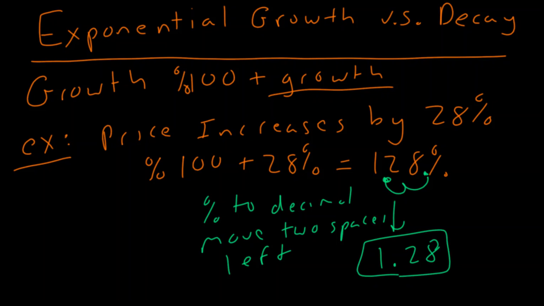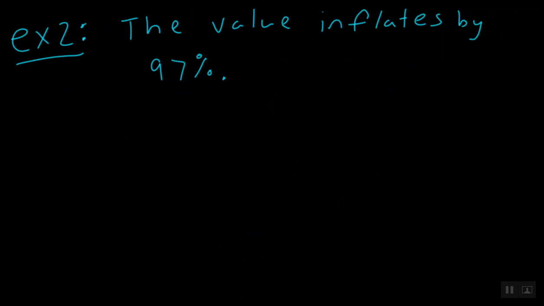All right? Let's go ahead and tackle another example. For example 2, let's say the value of something inflates by 97%. Guys, this word inflation, you can kind of think of like, if you inflate an inner tube or you inflate a tire, it's growing larger, it's increasing, and so we know that this is exponential growth.